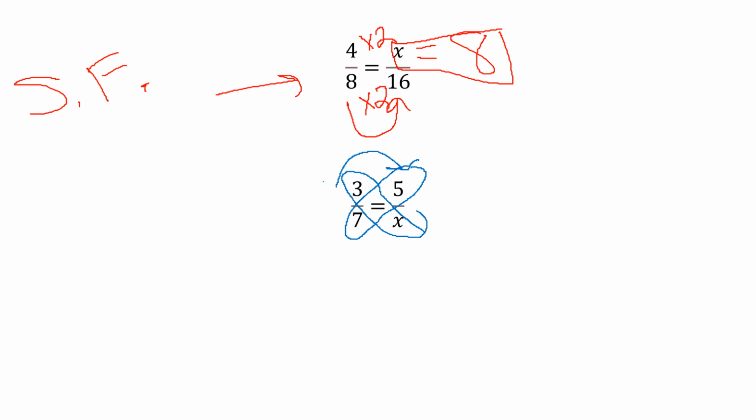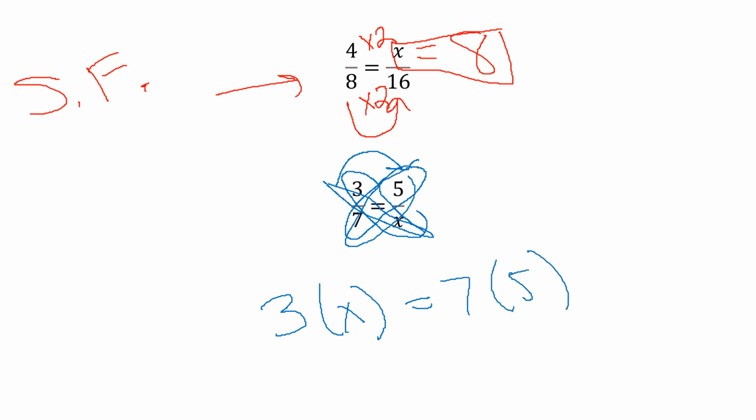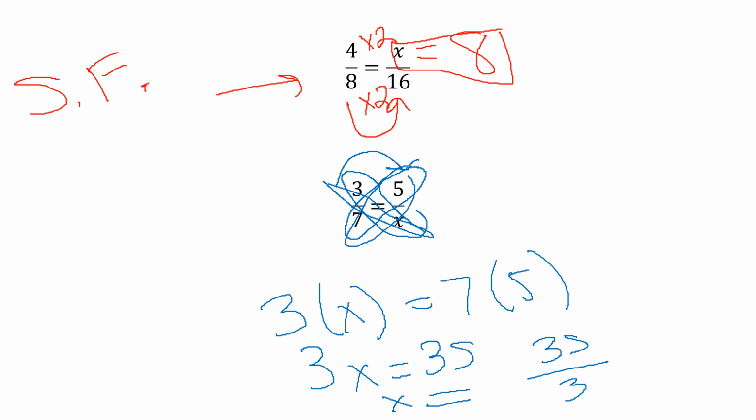So I'm going to do top times bottom equals bottom times top. 7 times 5 is 35. I'm going to need to move that 3 over and divide, and I'm going to leave it as 35 over 3, if it can't reduce. Don't put it in decimal form, leave it as a fraction for right now. So this is my answer.